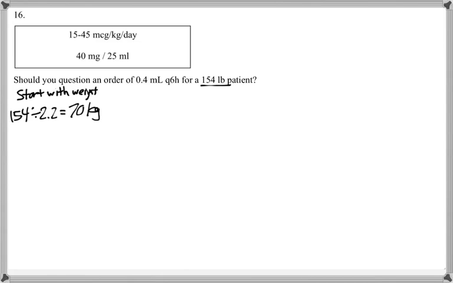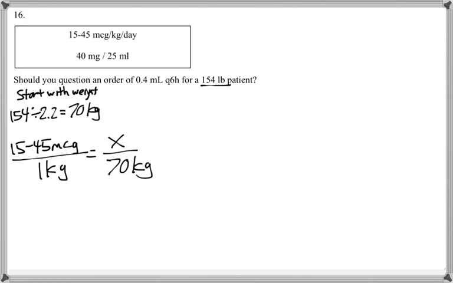Next, I want to figure out the safe day range, and I'm going to match up the kilograms with the kilograms. So I'm looking for the rate that has the kilograms, and here it is. So 15 to 45 micrograms over 1 kilogram is equal to x over 70 kilograms.